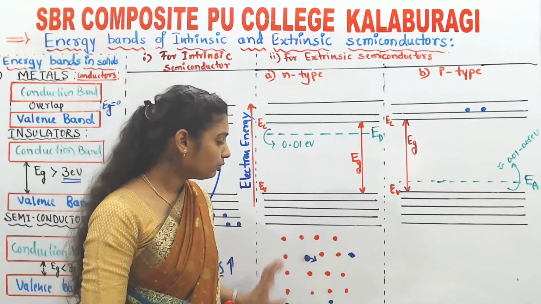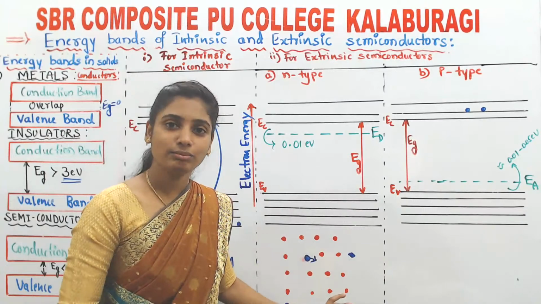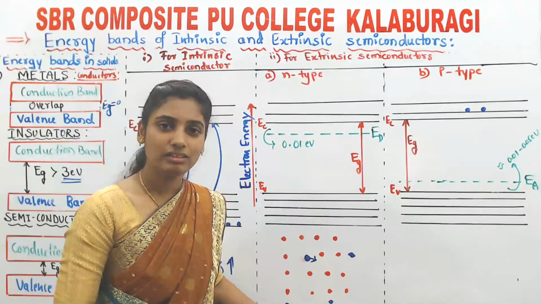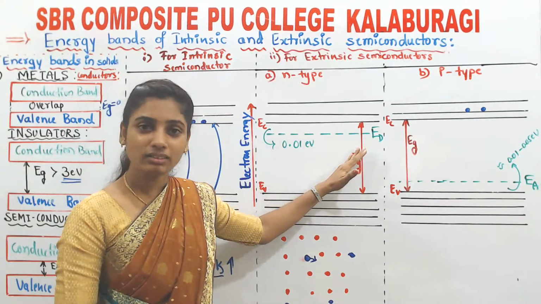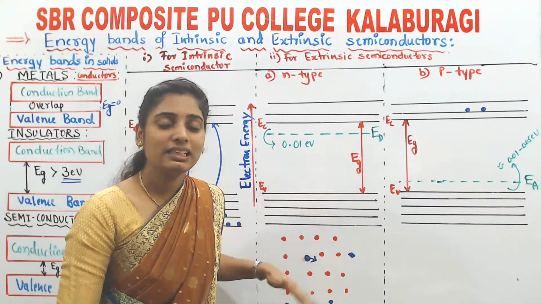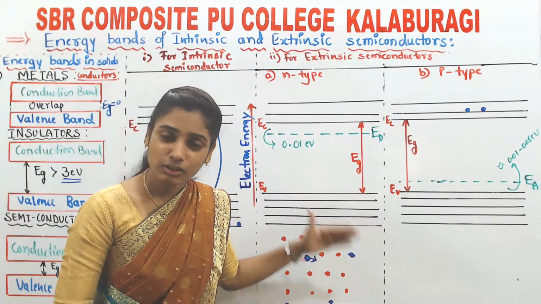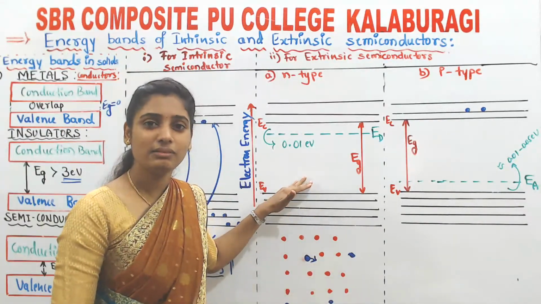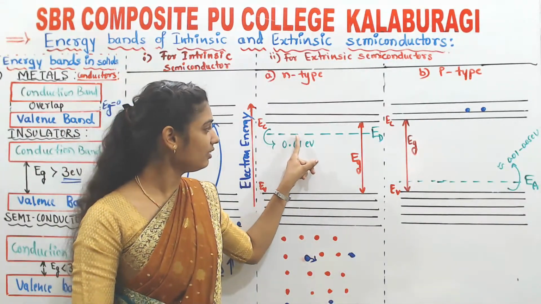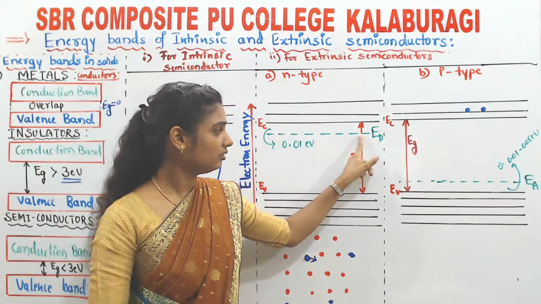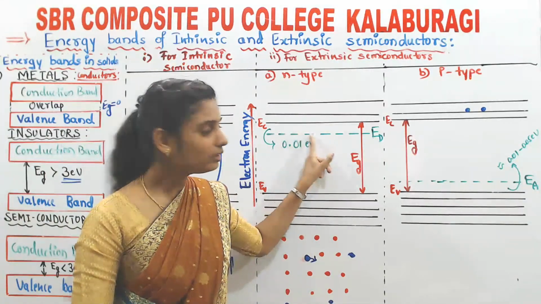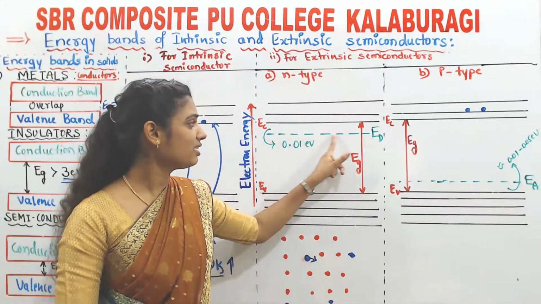So due to those number of impurity atoms present in the single silicon crystal, there will be a change in the energy bands, and we can see some extra energy levels in the energy bands. Here you can see this green colored dashed line which represents the extra energy level.